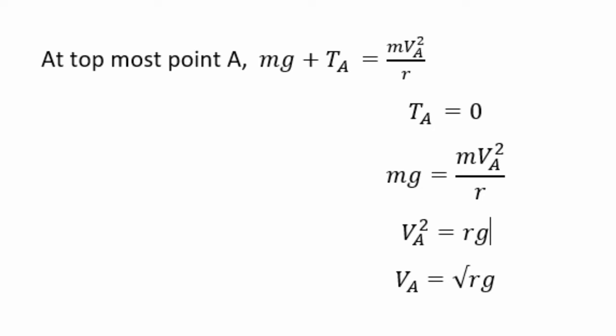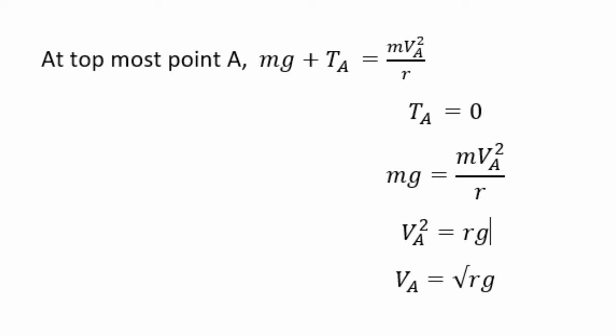At the highest point, the tension in the rod is considered to be 0, and therefore mv square upon r is equal to mg, or we can have v is equal to square root of rg. So this is the minimum velocity at the highest point which is required.